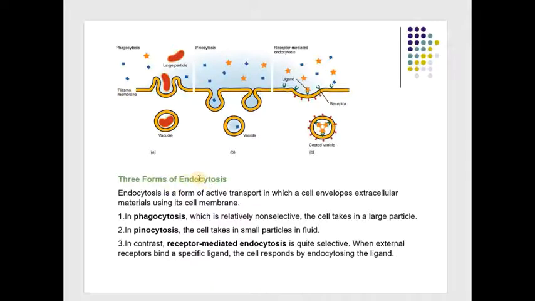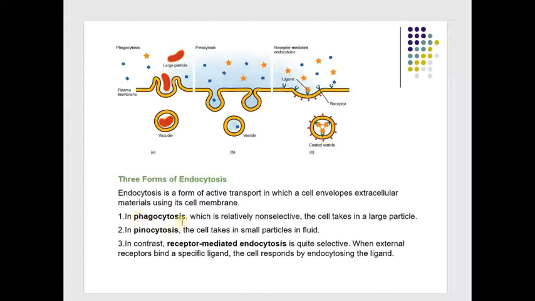Okay, we're going to bring things inside the cell through active transport, through cellular enveloping. Okay, so endocytosis is essentially taking the plasma membrane, reaching out, encapsulating something, depending on what it is, depends on the type of endocytosis, and then the cellular membrane will then pinch off and bloop that material inside the cell, depending on what it's gathering and collecting.